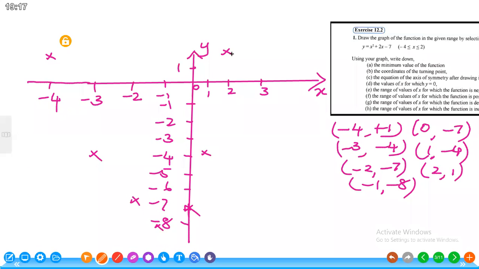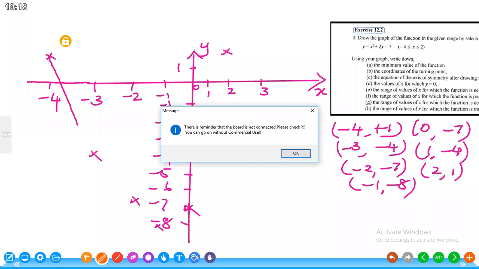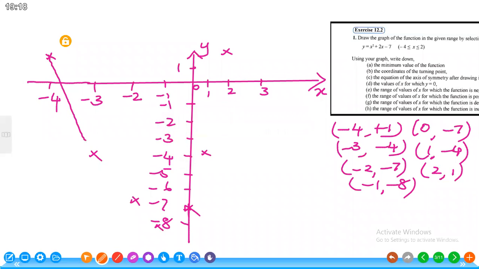Okay, now join the points. Now you will obtain the smooth curve, right? The smooth curve, something like this, right?